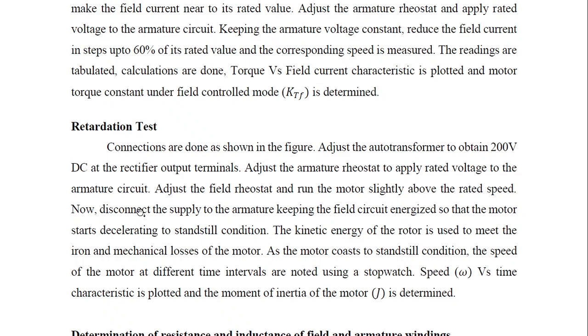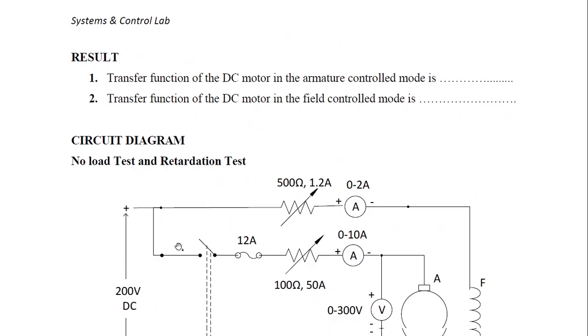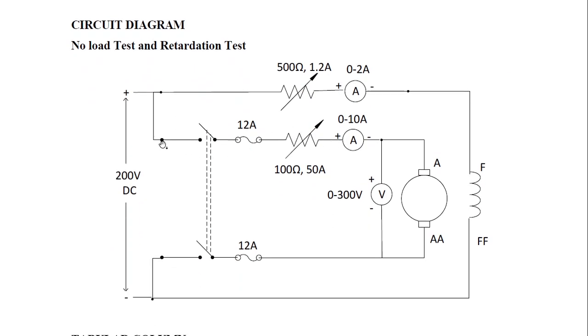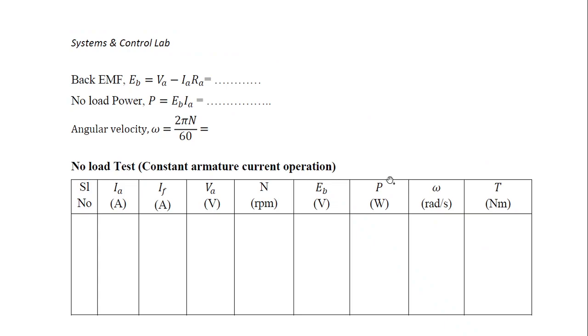Then after that, you disconnect the supply by using a suitable switch. That means the supply given to the armature you have to disconnect, keeping the field winding excited. This is very important. You have to switch off only the armature circuit.